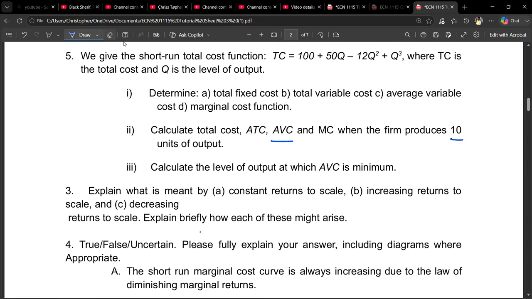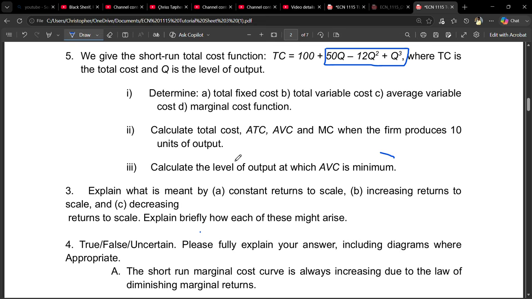So what I mean is this: we're going to first find average variable cost from here, which the average cost we have 50, like that. So you can differentiate this equation, you differentiate it, and again you differentiate it, then you find your answer.